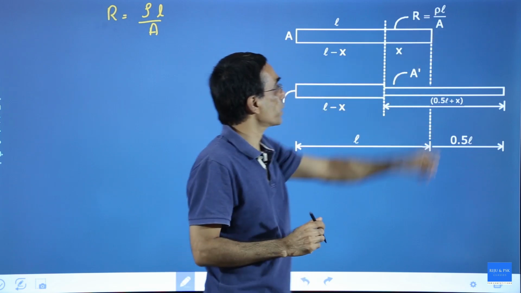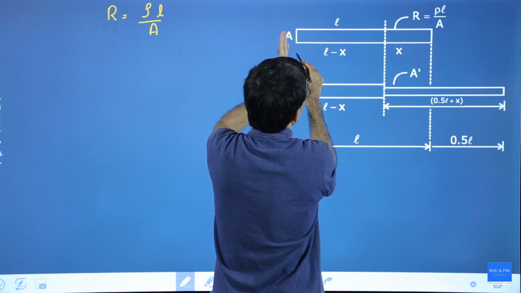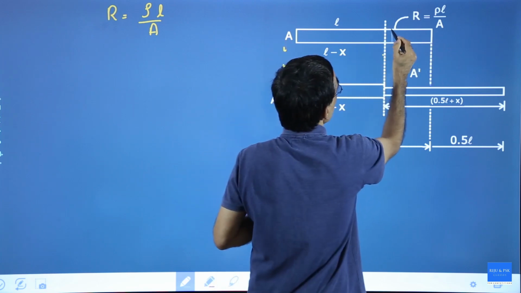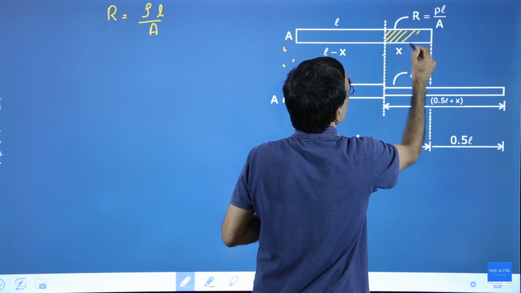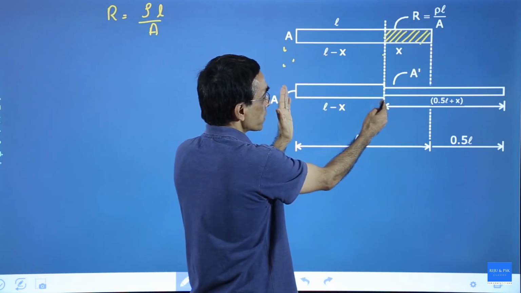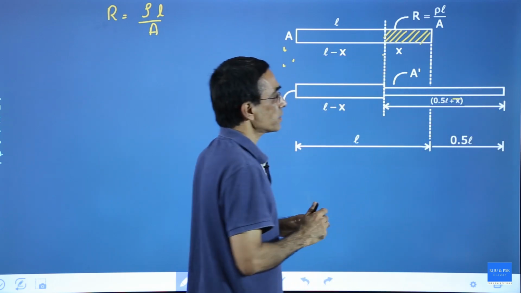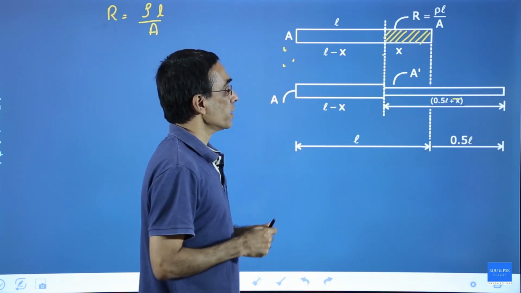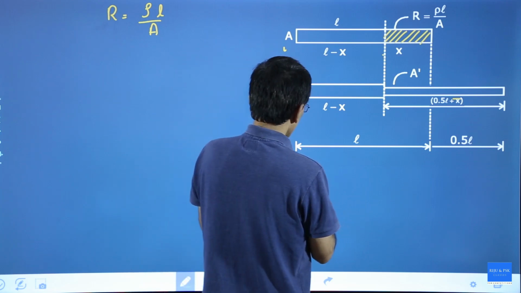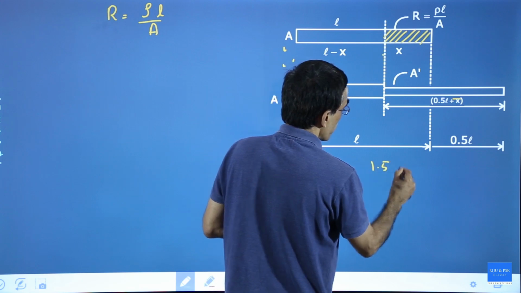Now this wire is considered as a section L minus X and another section X, and this section is going to be elongated, stretched. In the second diagram the L minus X section remains like that, but this one increases so that the total length is 1.5 L. You can see this is the total new length. This is 1.5 L.